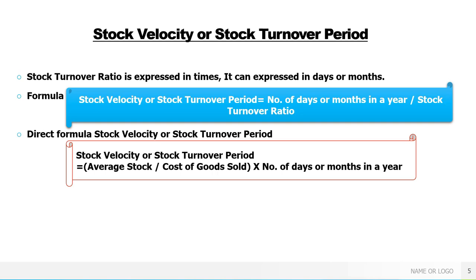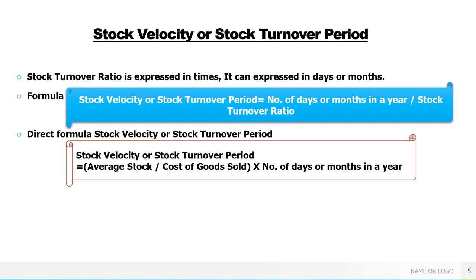The formula for calculating stock velocity or the stock turnover period of inventory turnover ratio is: number of days or months in a year, that is 365 days or 12 months, divided by stock turnover ratio. We already calculated the stock turnover ratio before. By using that result, we find out the stock velocity or stock turnover period.